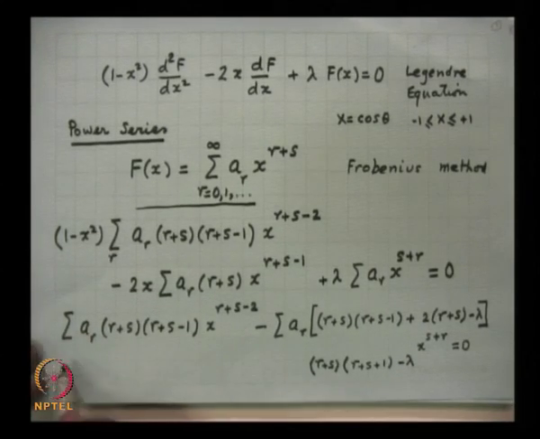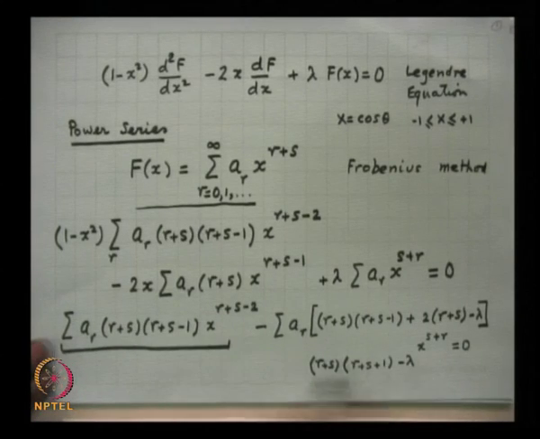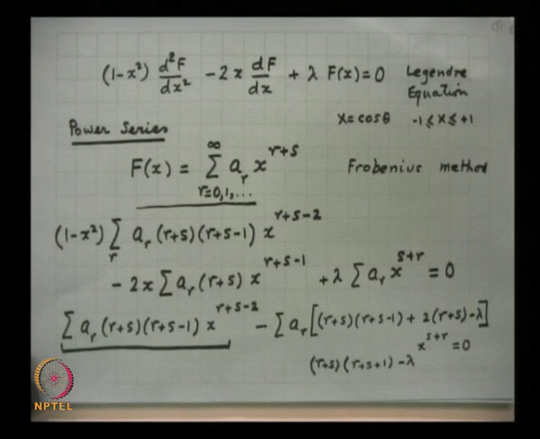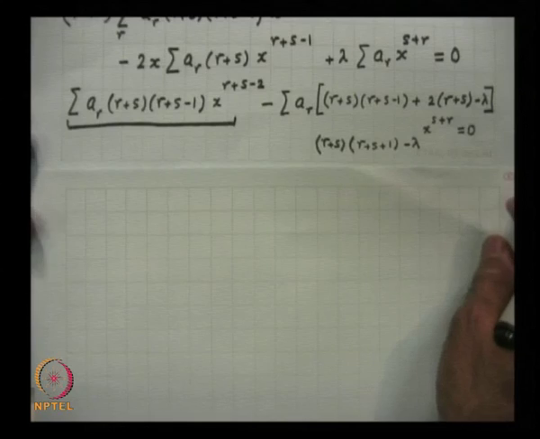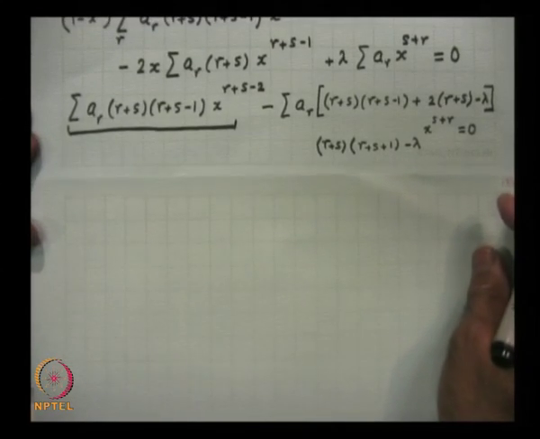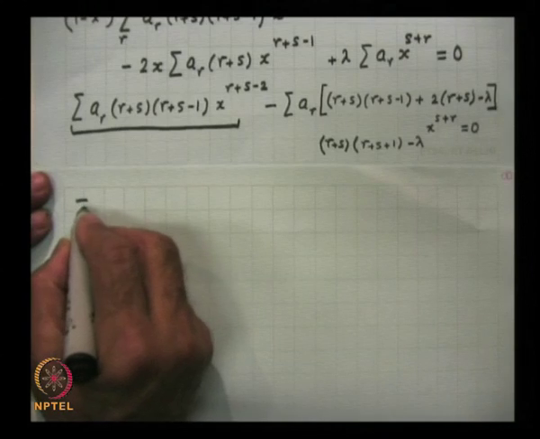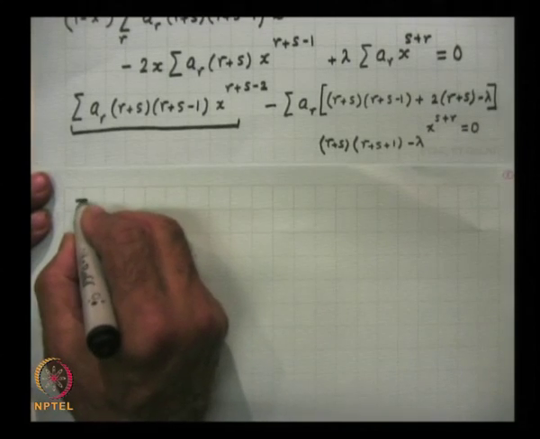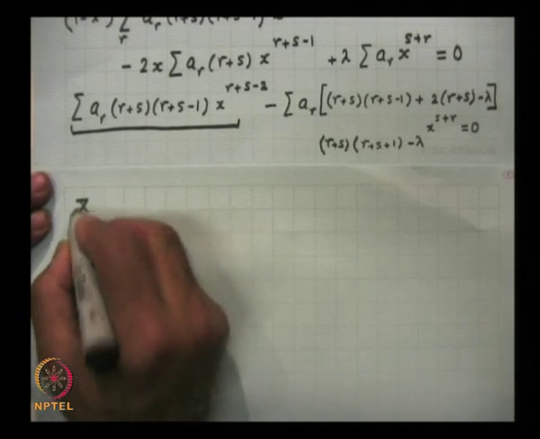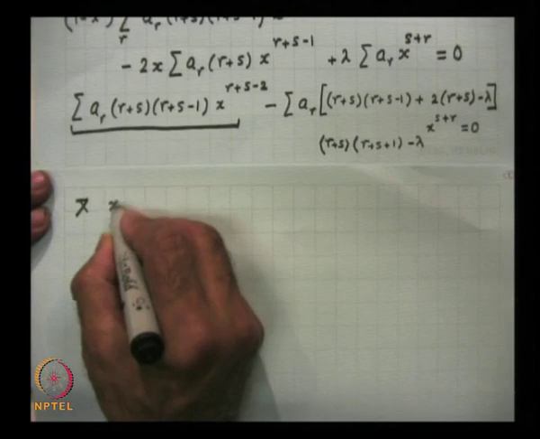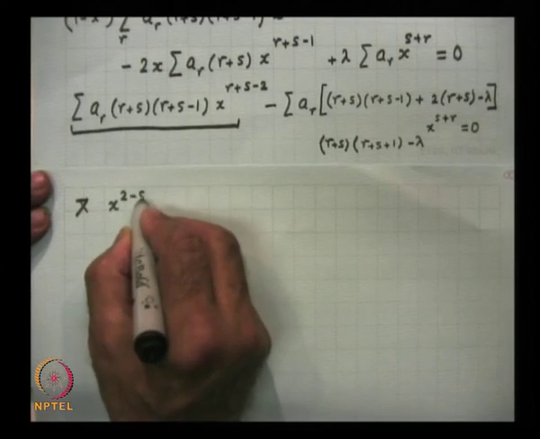And so, since this minus this is 0, I take it to the other side of the equation. So, I will obtain the summation, and let me multiply the entire equation by x to the power of 2 minus s.